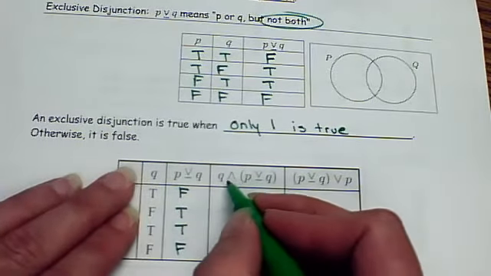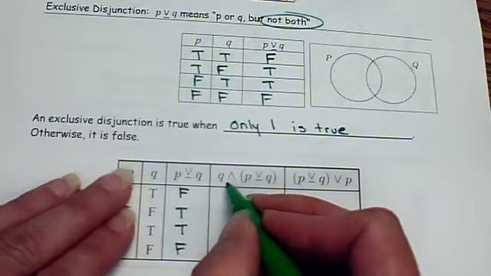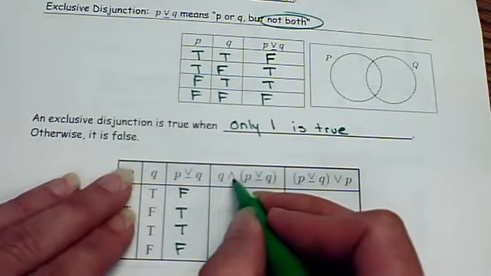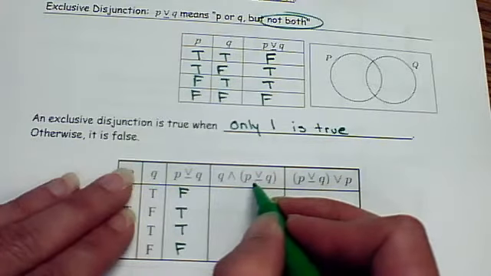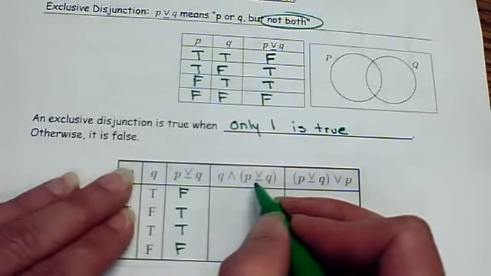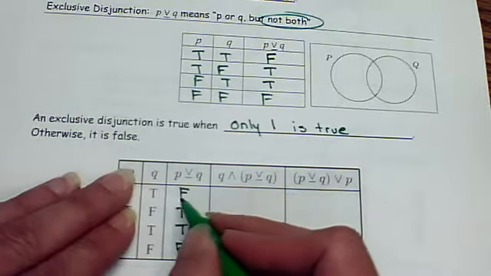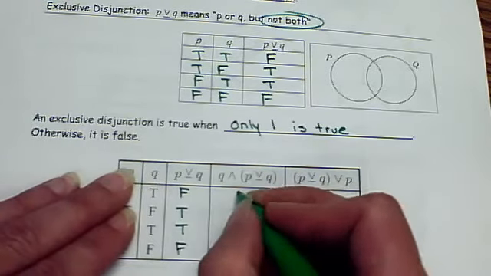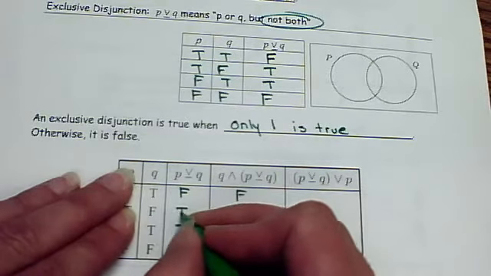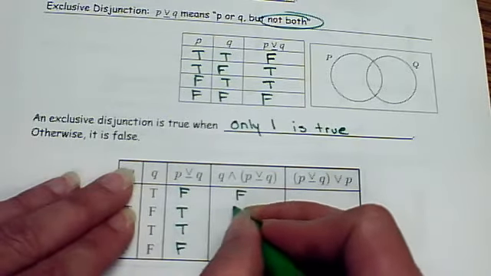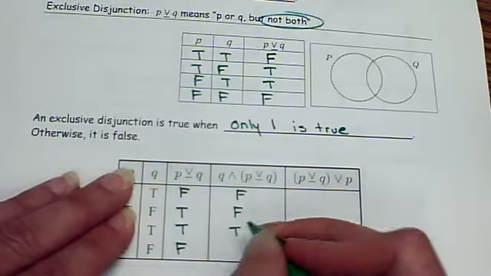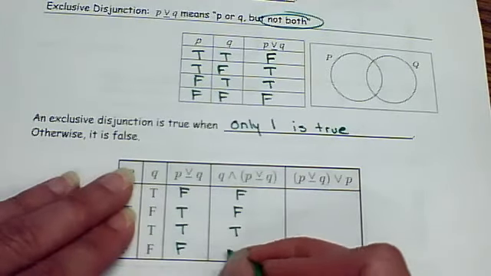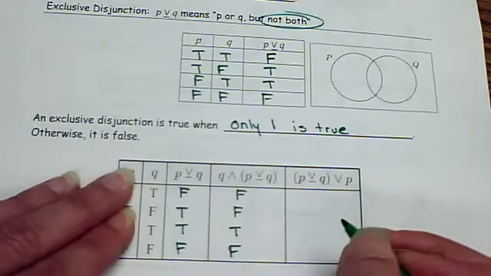Now, what if we took Q and this exclusive disjunction? Well, remember, and means both of them have to be true. So true and false, it's a false. False and true, it's a false. True and true, it's a true. False and false is false.